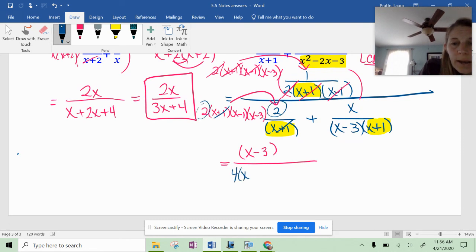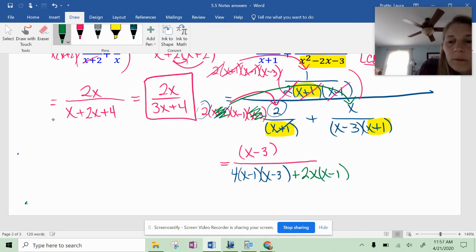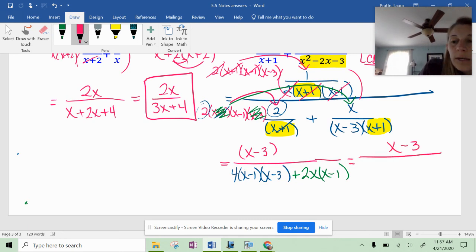And then I'm going to have x minus 1, x minus 3. When I go to the third one over here, the x minus 3 cancels, the x plus 1 cancels. So I'm left with 2 times x and x minus 1, like that. And now we want to simplify. So the numerator, we just have x minus 3.